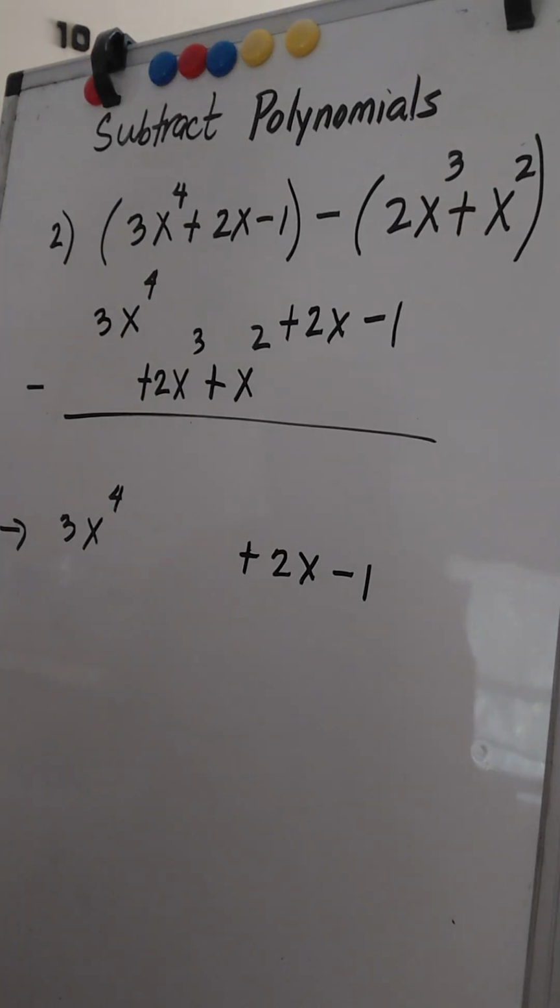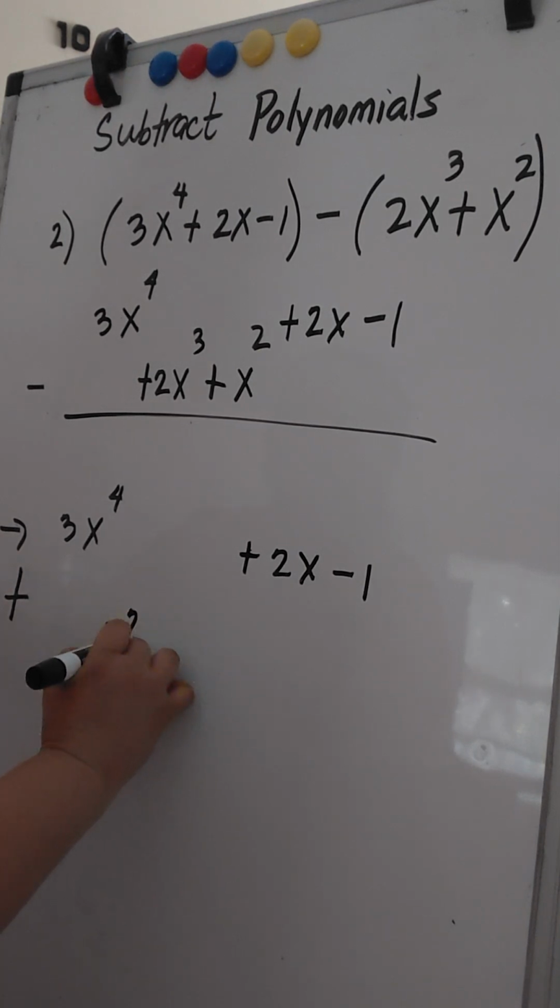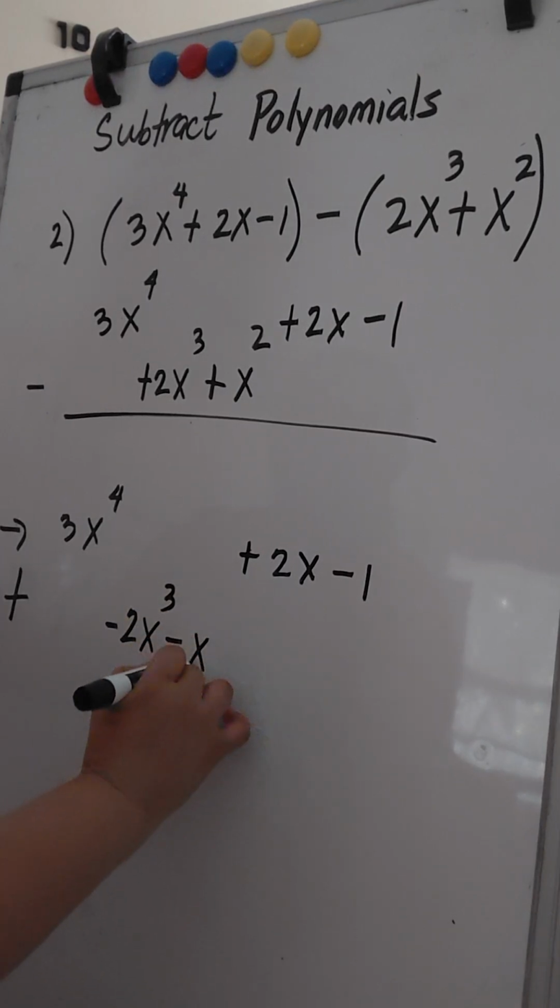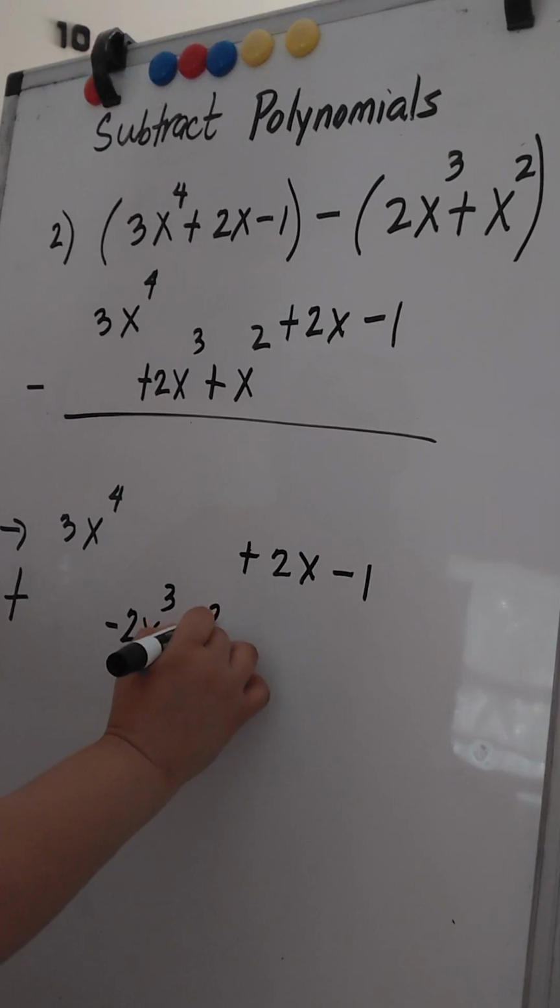Just simply copy, but we are going to change the subtrahend. Change subtraction to addition, and then get the opposite sign of our subtrahend, so that would be negative 2x cubed, and minus x squared.